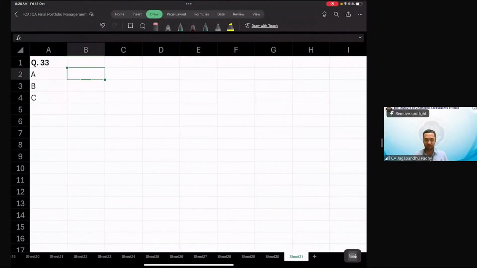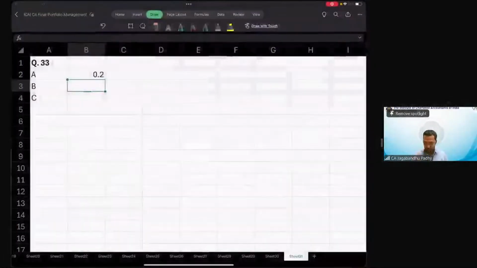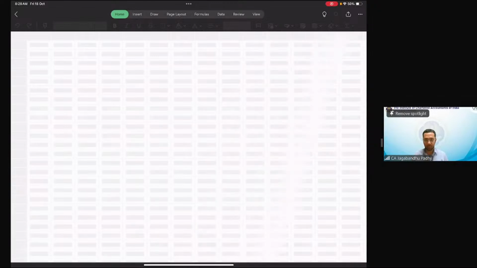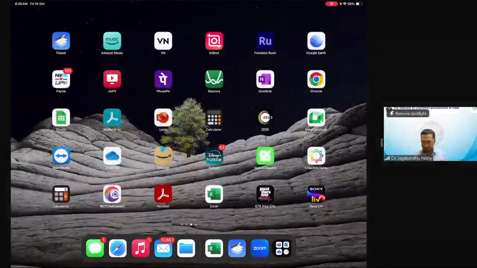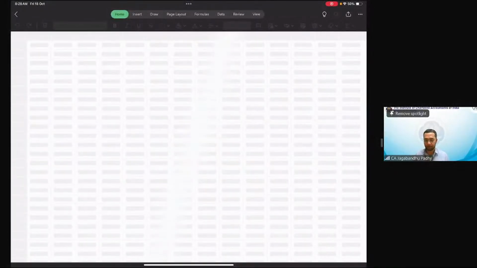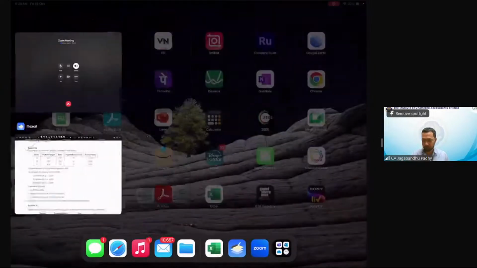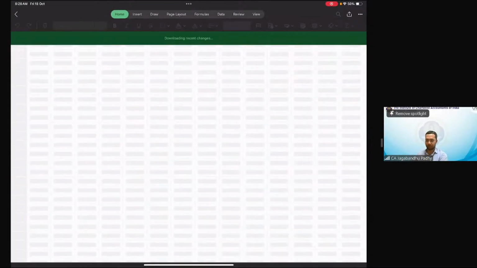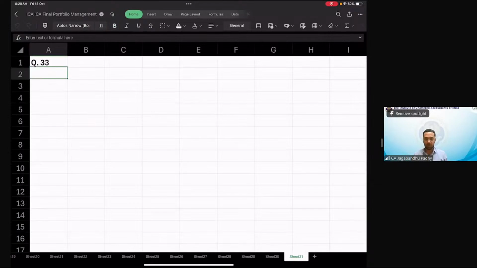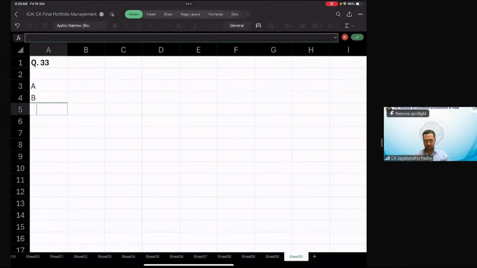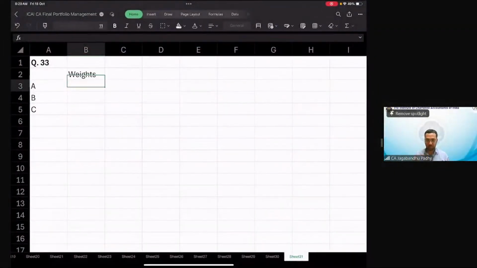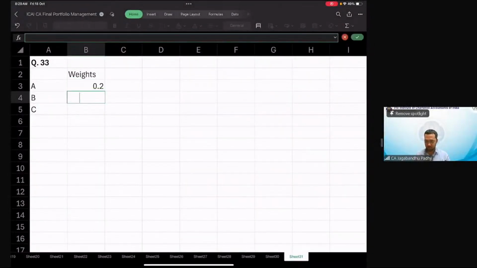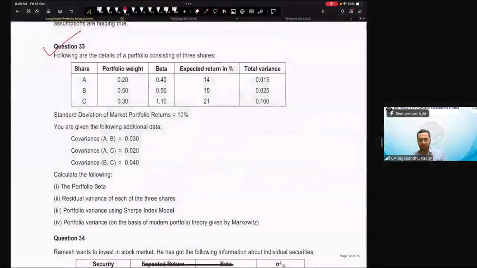We have securities A, B, and C, and there we have weights given to us as 0.2, 0.5, and 0.3.